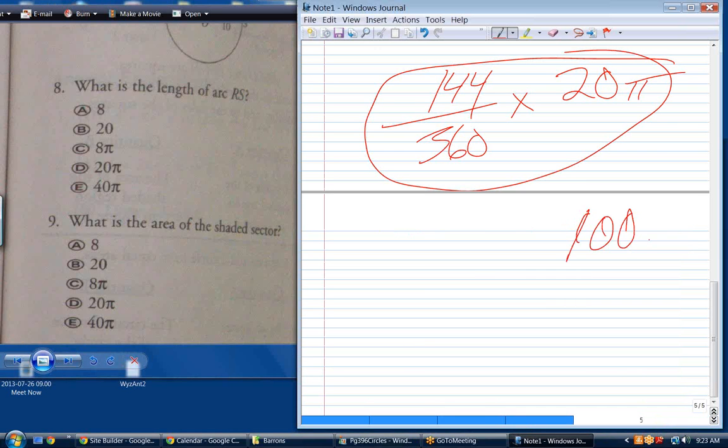No. I can't do these in my head like you can. Well, that's okay. You did that. That's the area, 100 pi. And then times 0.4. Okay, so 40 pi.